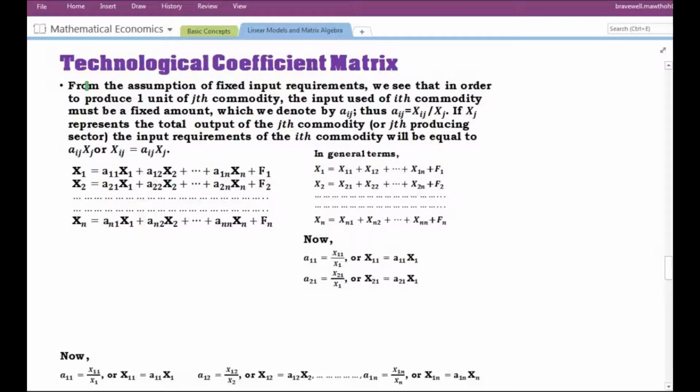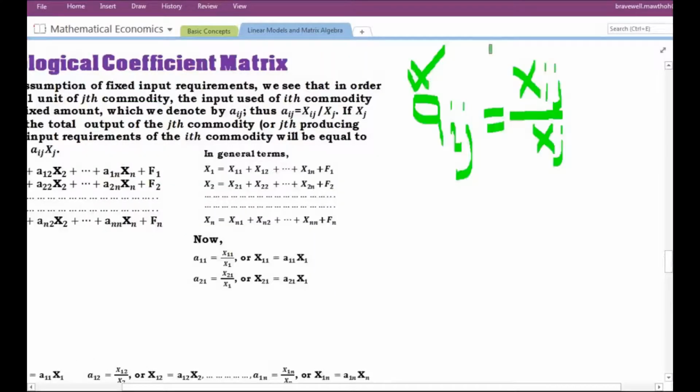From the second assumption of fixed input requirements, we see that in order to produce the first unit of jth commodity, the input of ith commodity must be a fixed amount. Now Aij, which is the fixed amount of input of the ith industry, which is to be used in the production of the jth commodity, is obtained by dividing the units of goods of the ith commodity used as input in the jth commodity by the output level of the jth commodity.